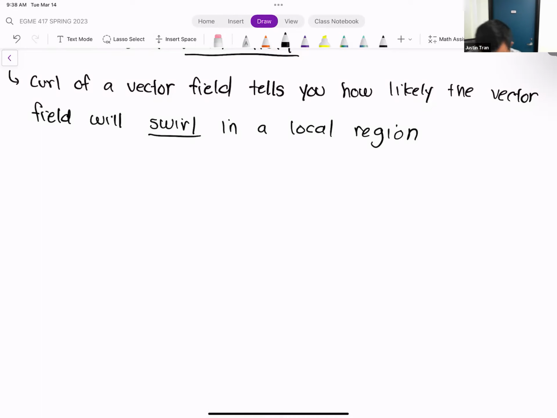As an example, let's say we have the simplest kind of spinning vector field there is. Let's say we have a spinning rigid object.